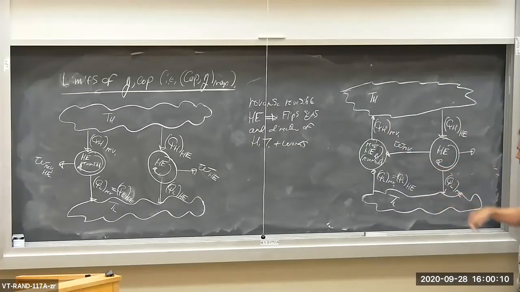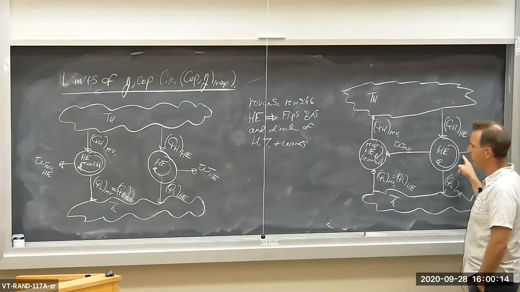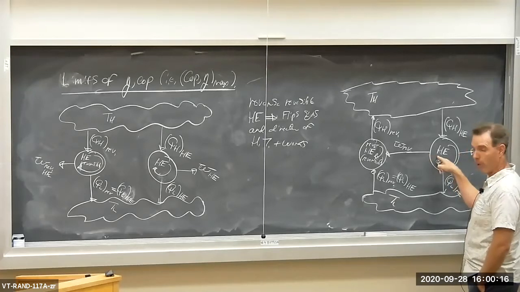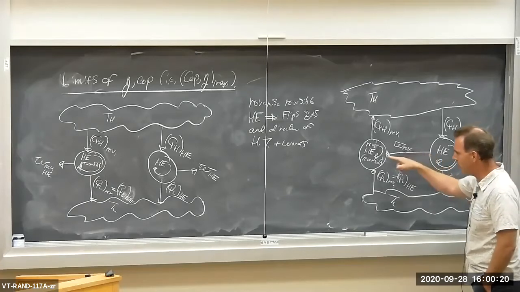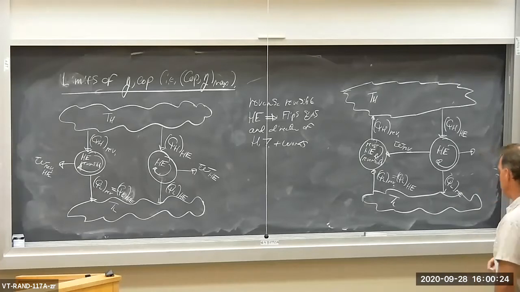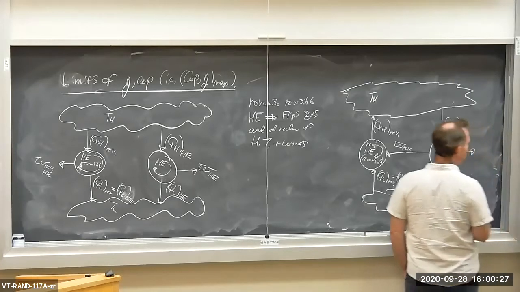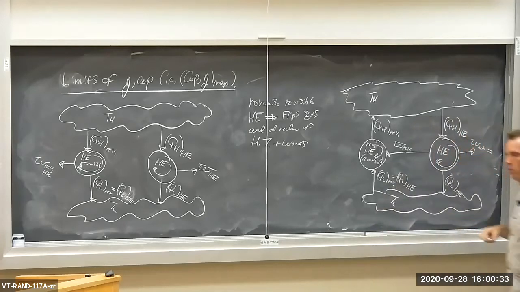Okay? So I'm going to subtract off the work consumed by the reversed heat engine from the work produced by the heat engine, and I will get a W net, a net work. What is this net work?